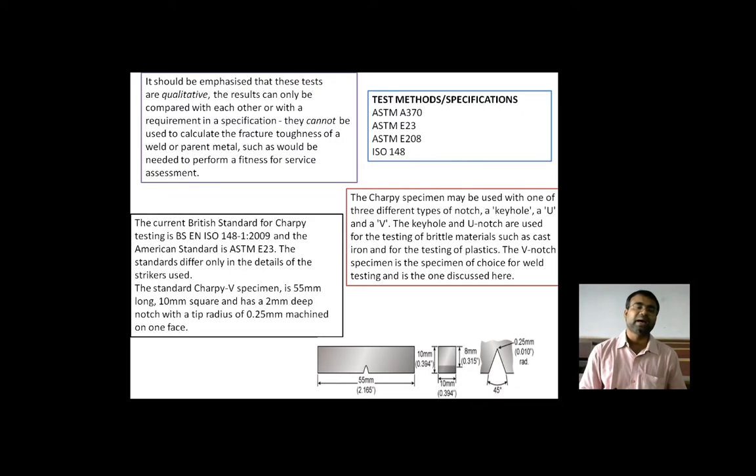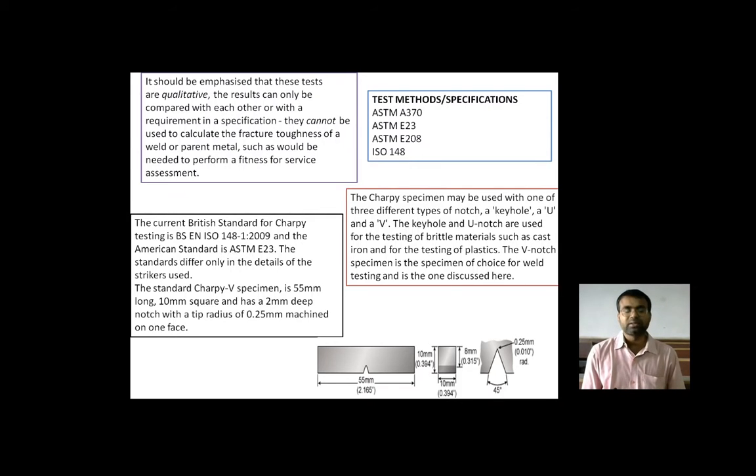In this scenario, the CHARPY test is the most widely used test because the CHARPY test is different from the IZOD test because of the specimen position as well as the test result.